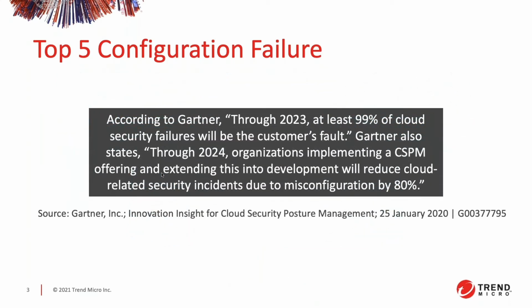And I brought here a very important statement from Gartner, where they say that through 2023, at least 99% of cloud security failures will be the customer's fault. And when they say that, it is because when you look at any cloud provider, they have the shared responsibility model, right?